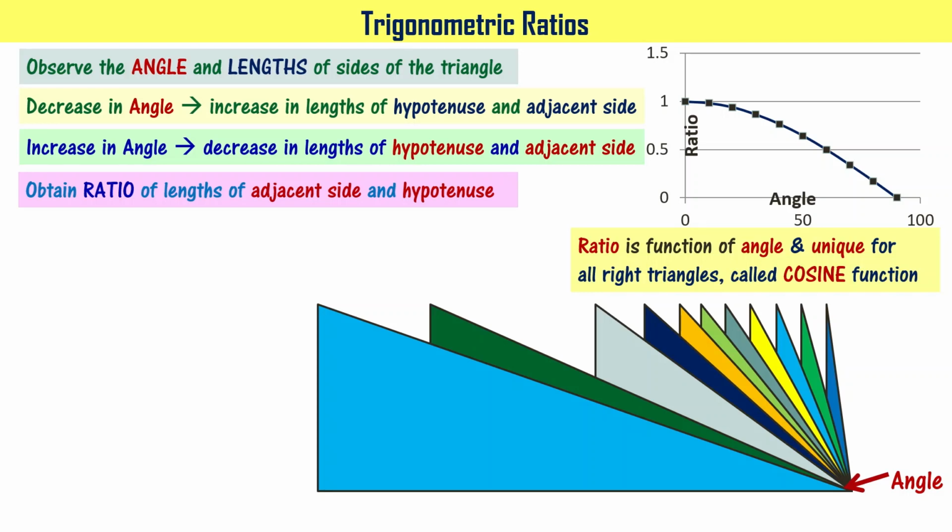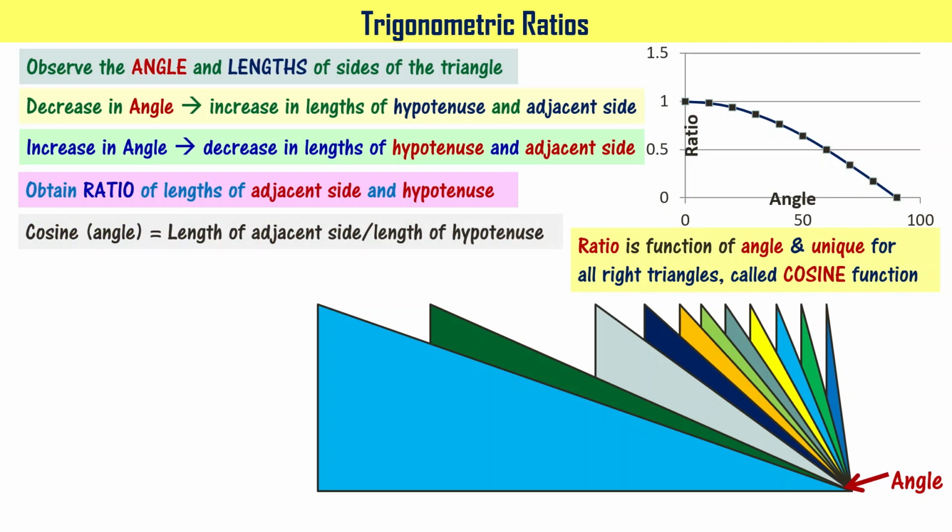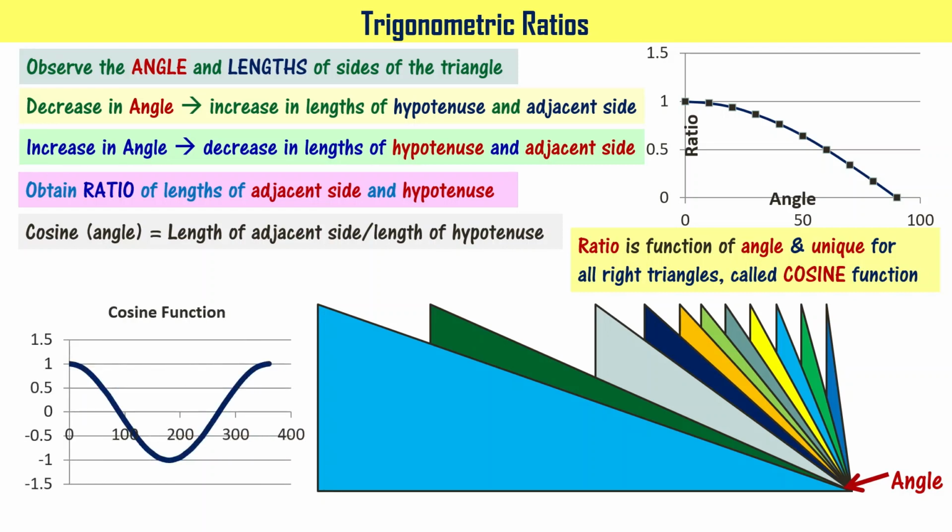It is a function of angle, right? Cosine of angle can now be written as length of adjacent side divided by length of hypotenuse, right? Please take a note of this. For 0 to 360 degrees, if you plot the cosine function, it looks like the one shown in the figure.